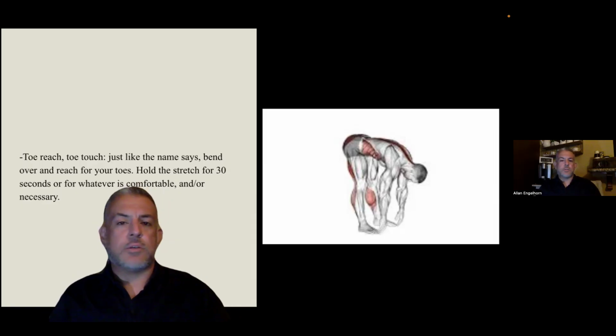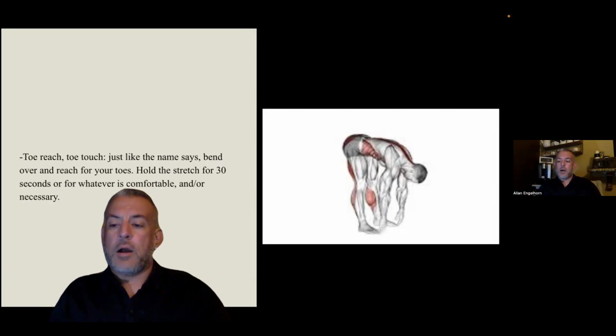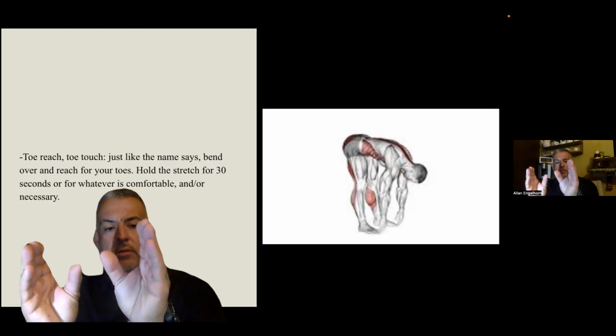Next would be toe touches, toe reaches, cherry pickers, whatever you want to call them. You can have your feet shoulder width apart or hips width apart, or spread further out, about maybe a 3 to 4 foot distance between heel to heel.